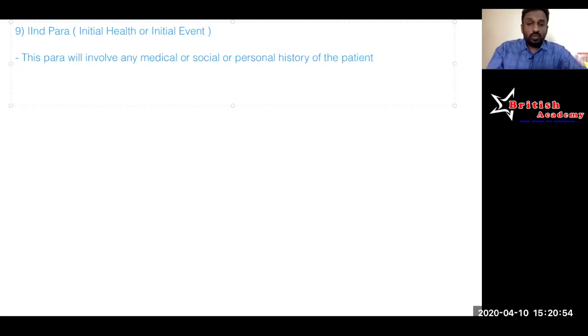This para will involve any medical or social or personal history of the patient which is relevant to the current condition.